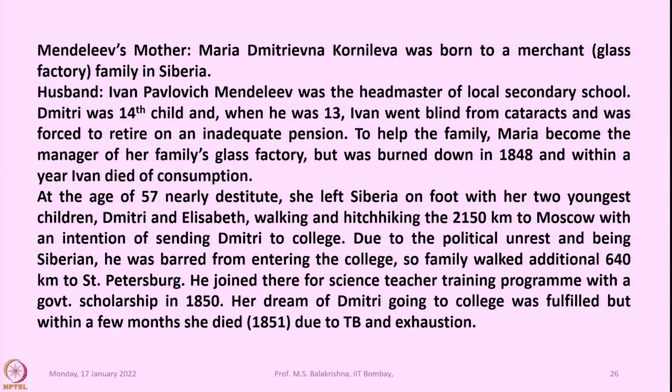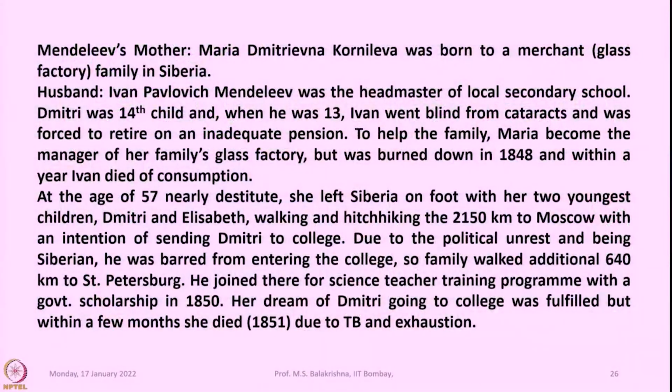Let us try to understand a little bit more about Mendeleev's family. So, Mendeleev's mother Maria Dmitrieva Kornilieva was born to a merchant family in Siberia, and her husband Ivan Pavlovich Mendeleev was the headmaster of the local secondary school. So, Dmitri was the 14th child and he had a younger sister.